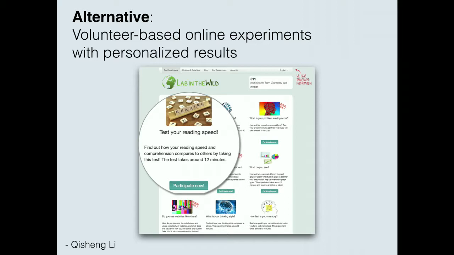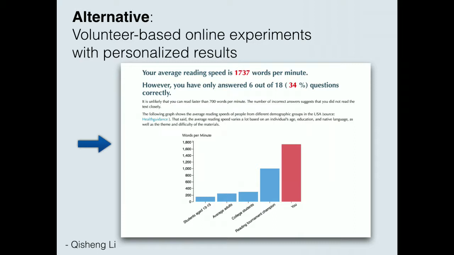For example, a person could click on a test to find out how their reading speed compares to others. After completing the experiment, instead of receiving financial compensation, they receive feedback on their performance. For example, in the reading study, it shows their average reading speed and how they compare to other groups of people around the world.